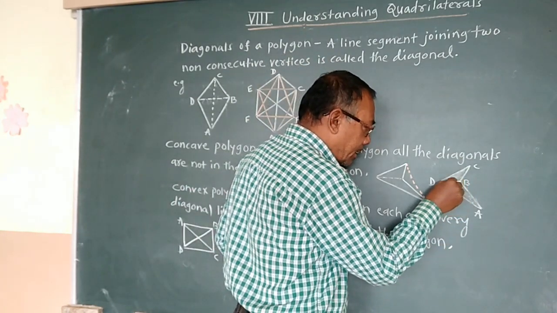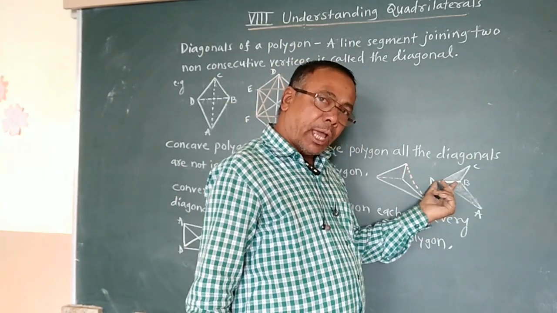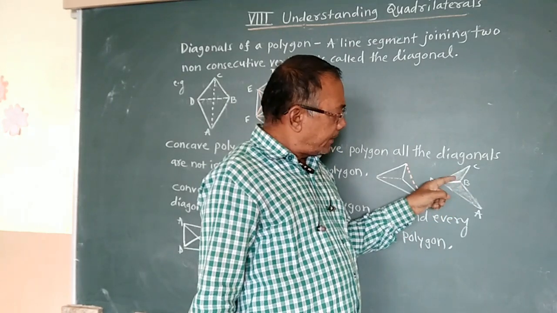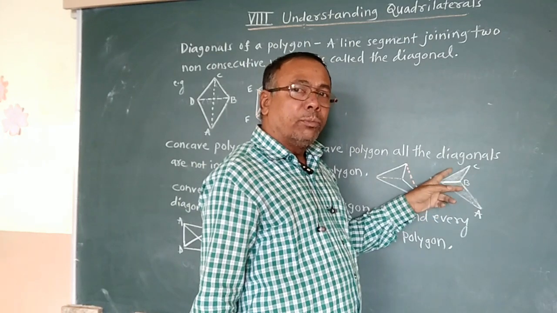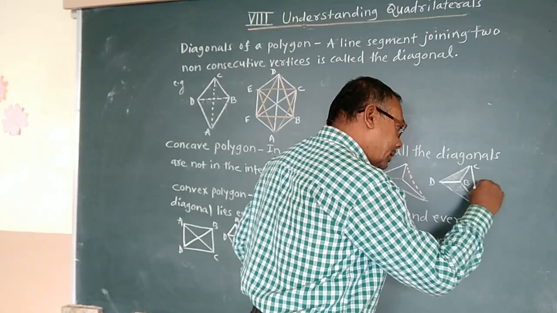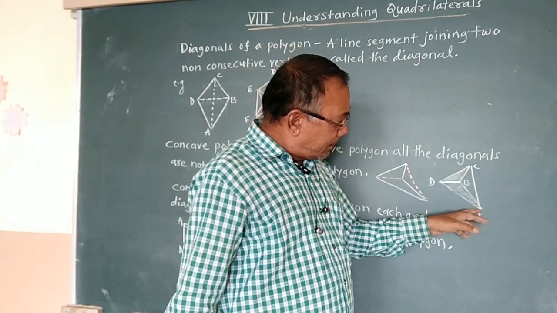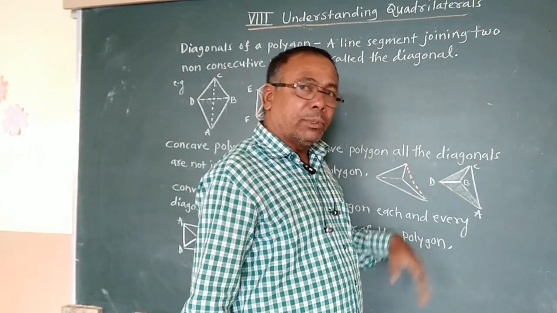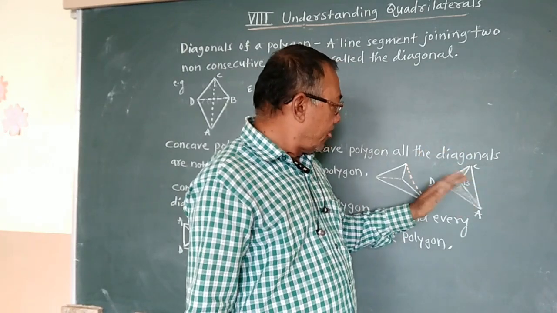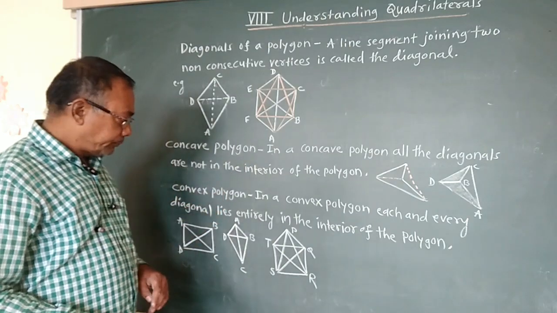If we join B and D, then BD is called a diagonal, and this diagonal is in the entire area of the polygon. But if we join AC, AC is also a diagonal, but it is not in the interior of the polygon, it is outside the polygon, and therefore such a type of polygon is known as concave polygon.